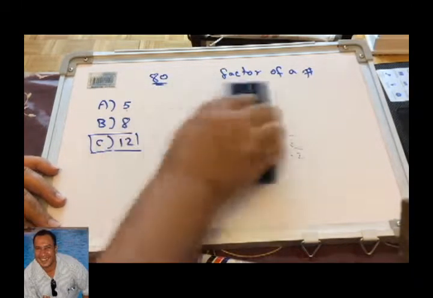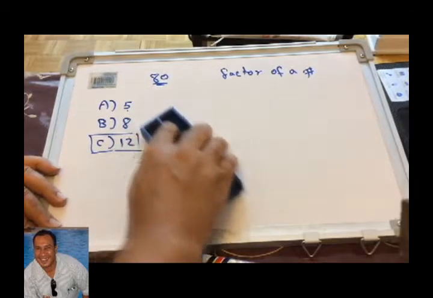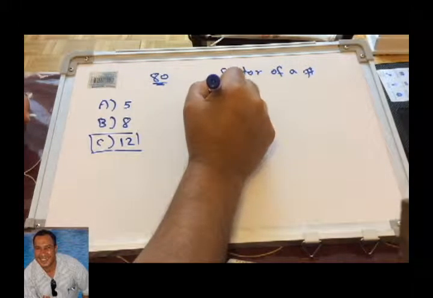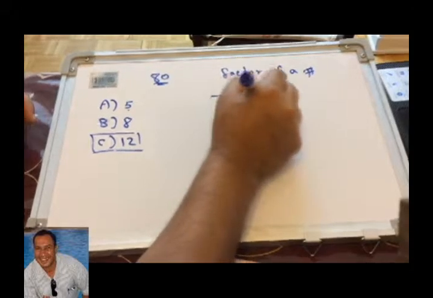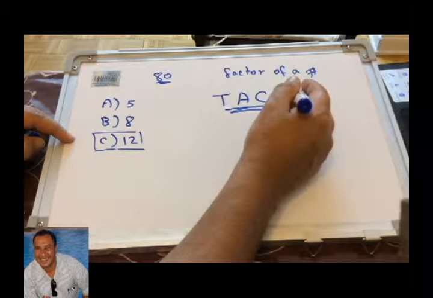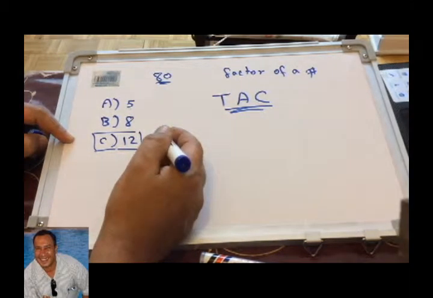Actually, in this problem, we use a strategy called test answer choices. It's called TAC. How do you use this strategy? I'm gonna test the answers.